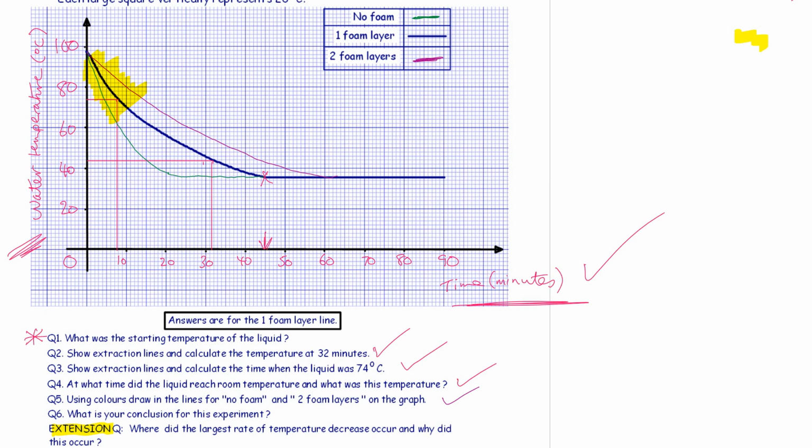You know, it started at 98 degrees C and the room temperature was only 36 degrees C. So that is why you had the largest rate of temperature decrease.